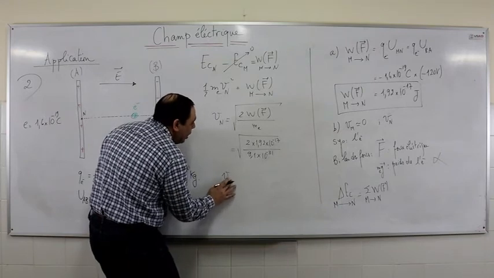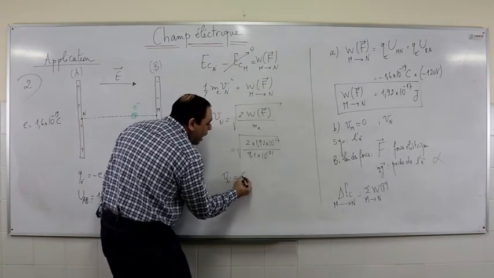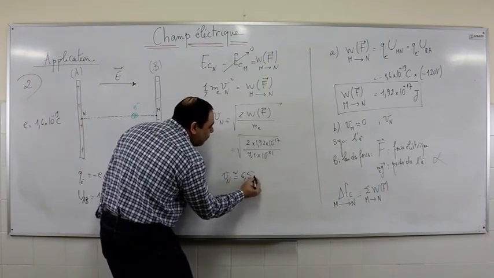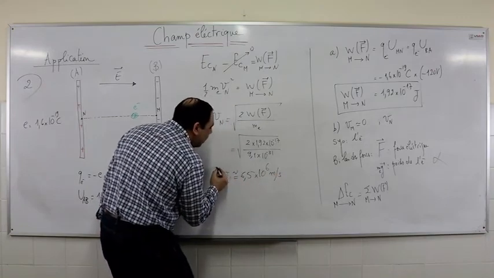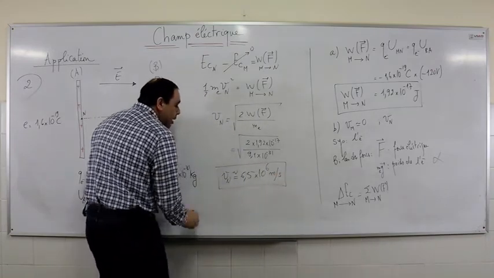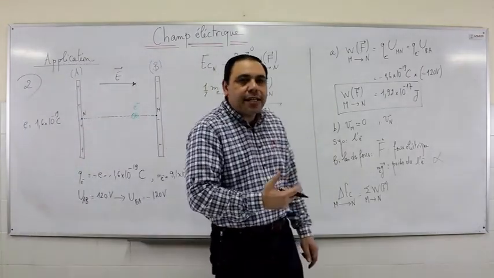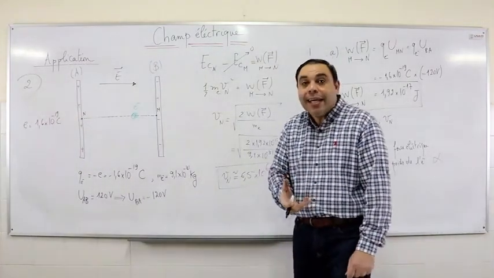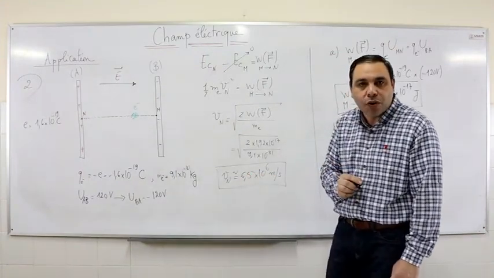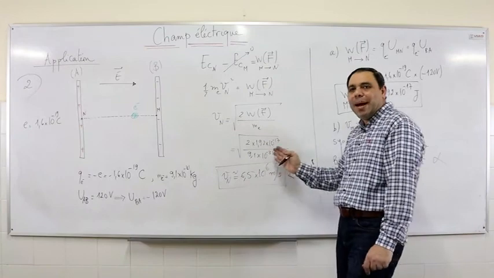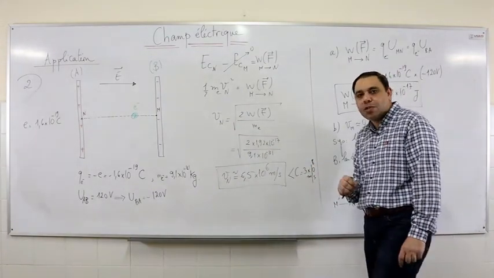The speed of impact of the electron with plate A is approximately 6.5 times 10 exponent 6 meters per second. The speed of this particle is very large, but it is accepted since it is less than the speed of light, which is equal to 3 times 10 exponent 8 meters per second.